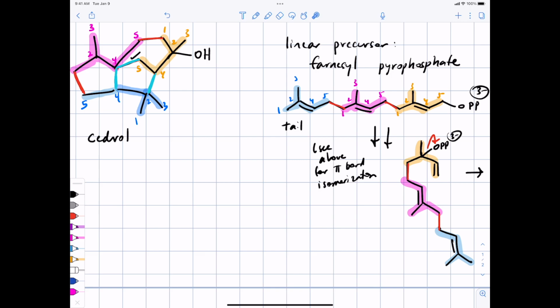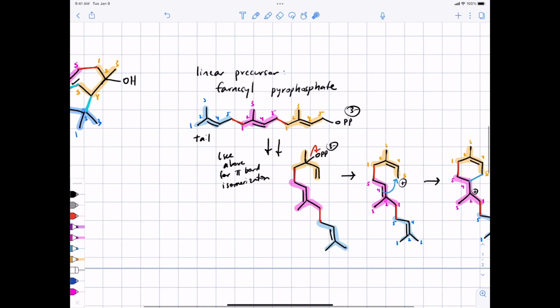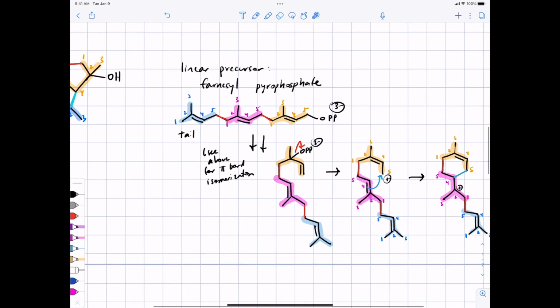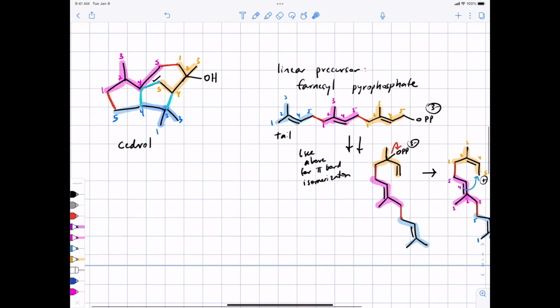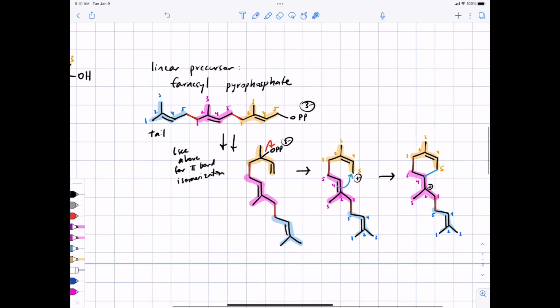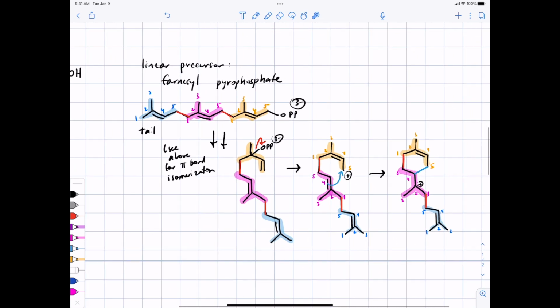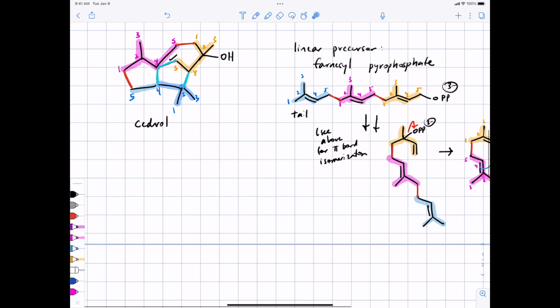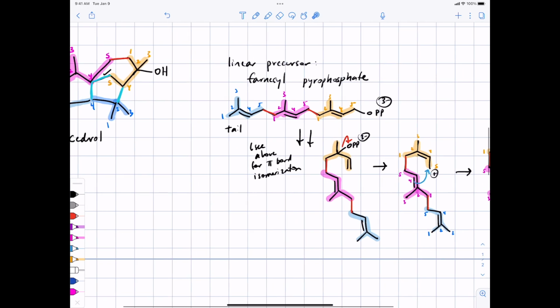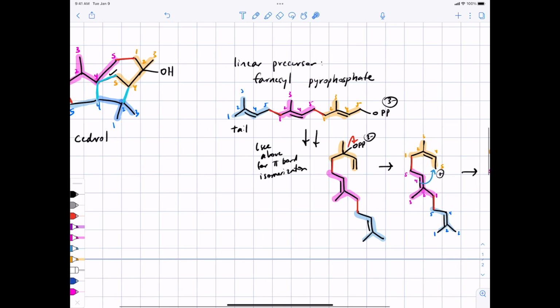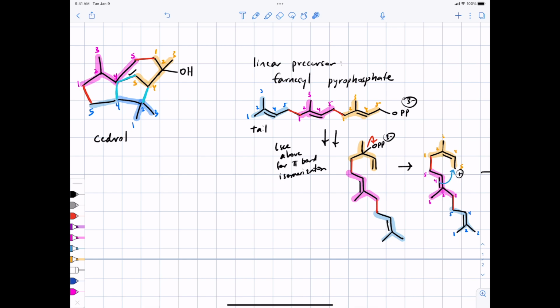Right now, we have a positive charge on pink carbon 2. So first, it seems like I'm going to want to do something to get the positive charge on pink carbon 4.